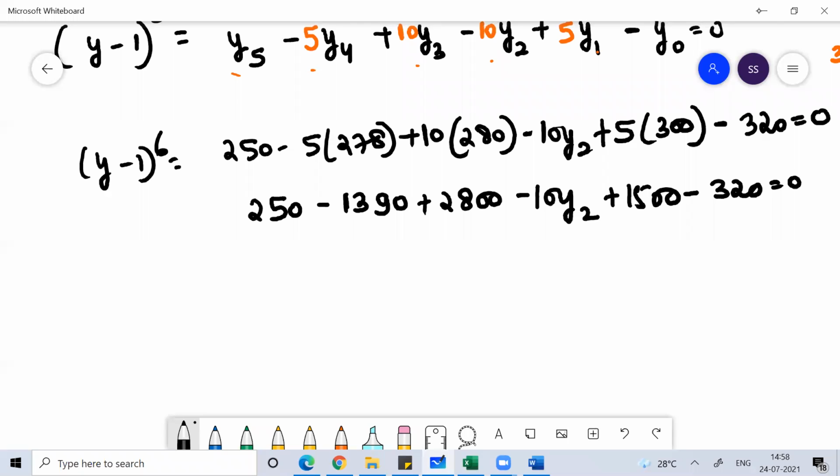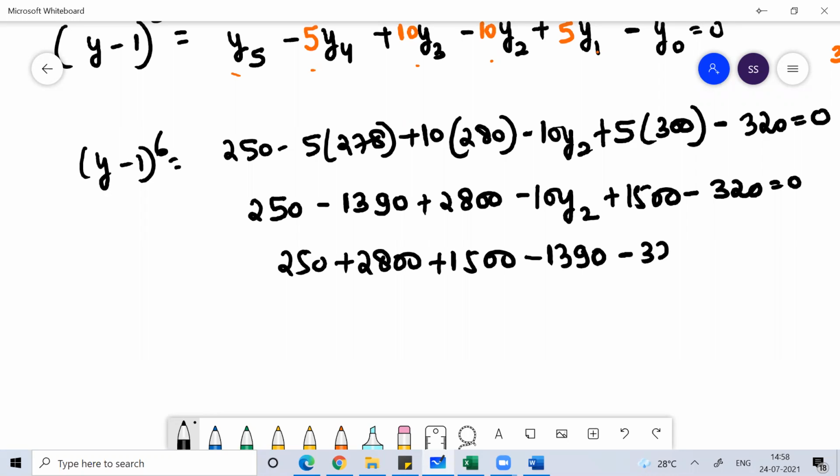So I can write this as 250 plus 2800 plus 1500 minus 1390 minus 320 is equal to 10 y2.